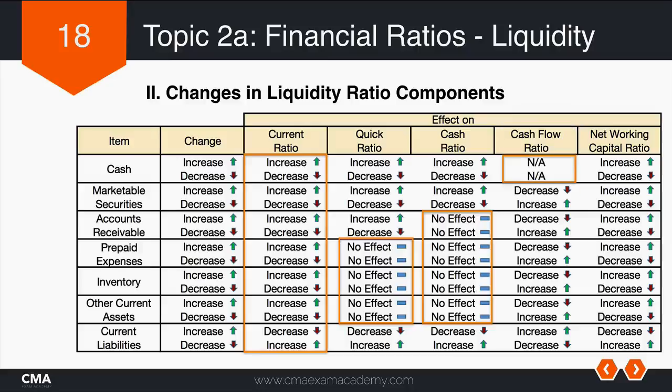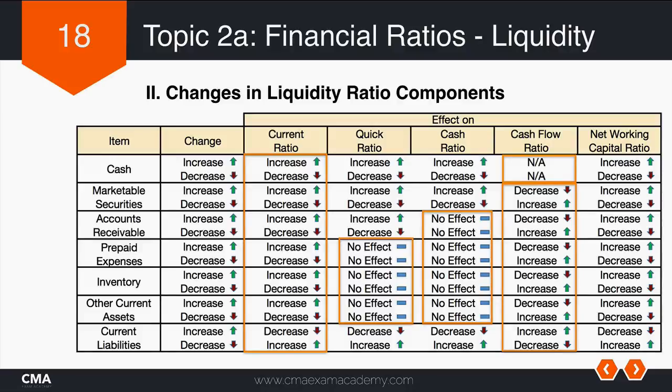In the sixth column, changes in cash was labeled as NA. The effect cannot be determined because the cash flow ratio's numerator is operating cash flow, but the change in cash may come from three different sources: operating, financing, or investing activities. We can also notice the changes in current assets have a reverse effect on the cash flow ratio.